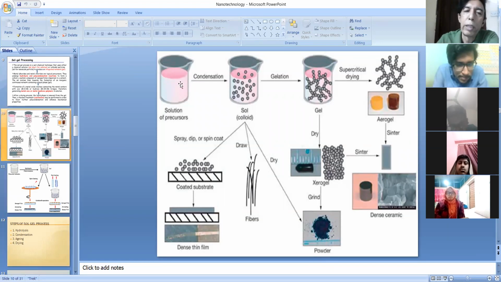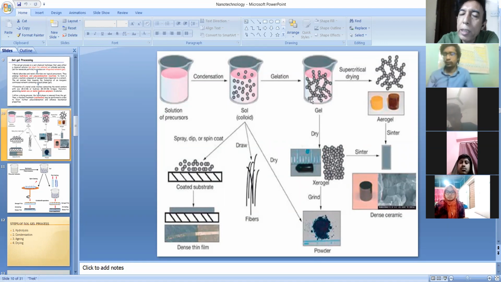This is the gelation, the formation of gel. You see, there is a three-dimensional network. This is salt and this is gel. This salt is interconnected with each other to form a three-dimensional network, a gel.